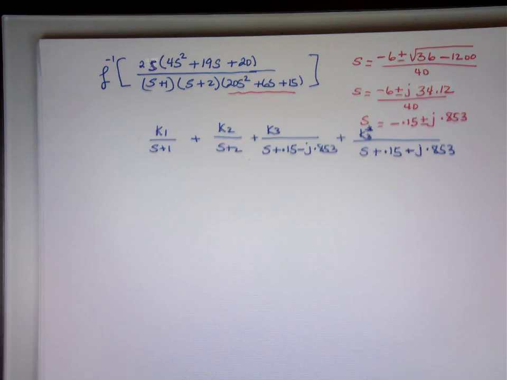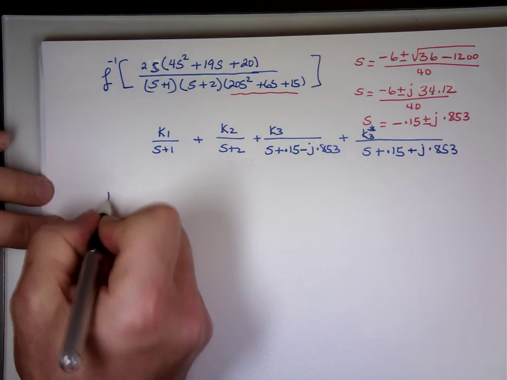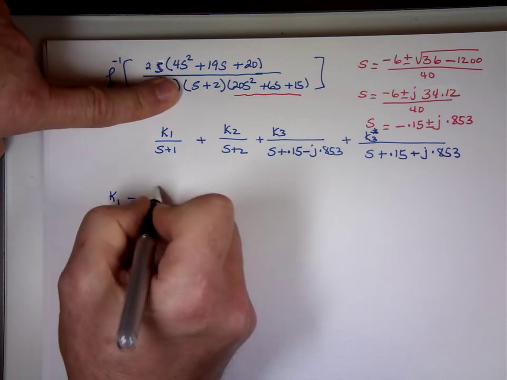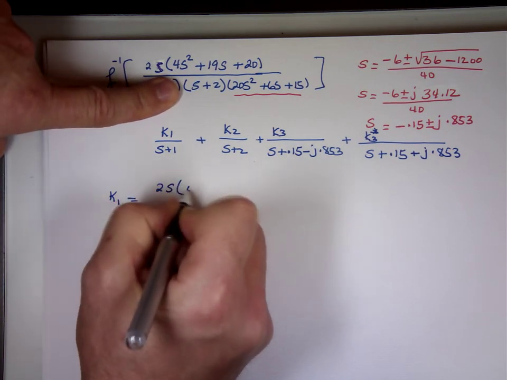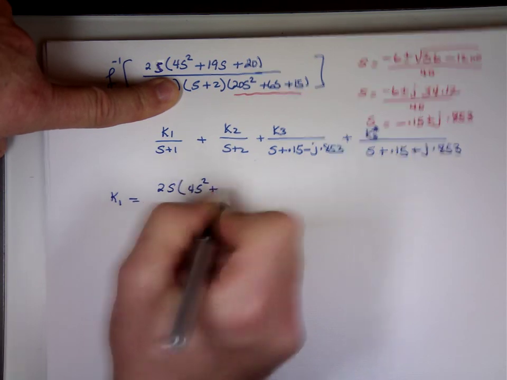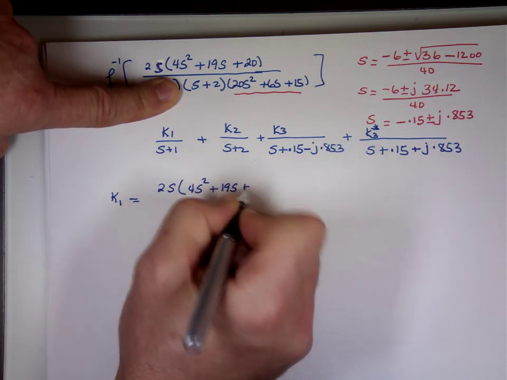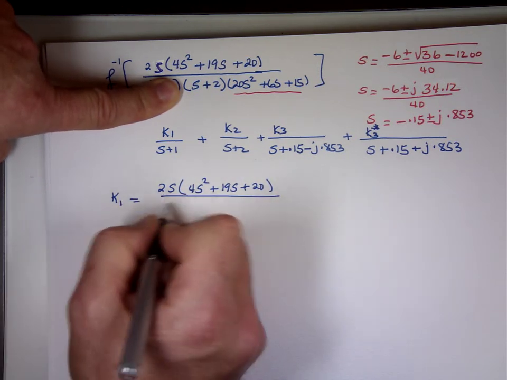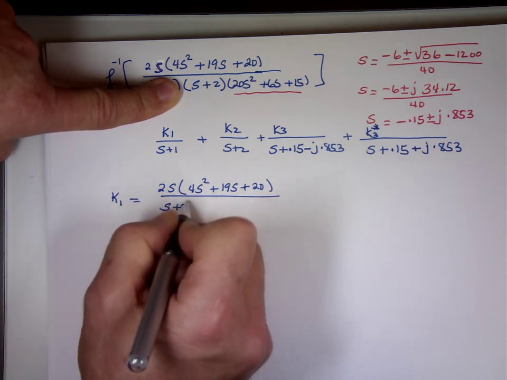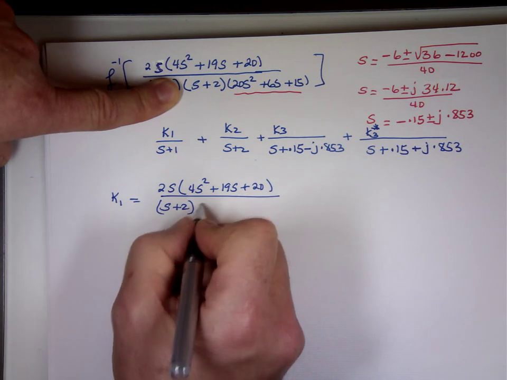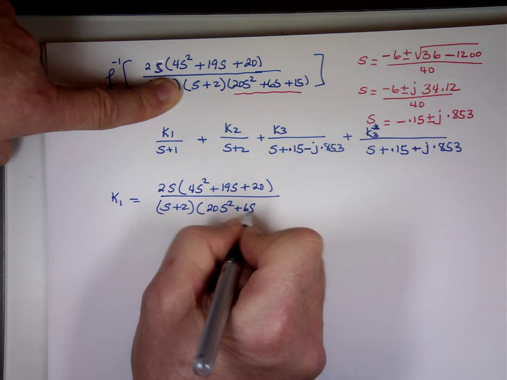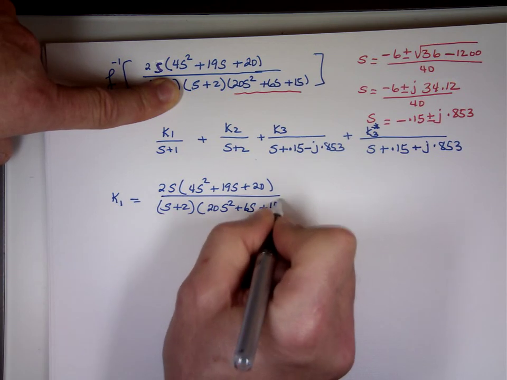K1 is going to be what? Cover s plus 1. If people are looking for a quick way to solve these, you still don't have one. You probably will never have one for a problem like this, unless you have an easy, simple one like this.